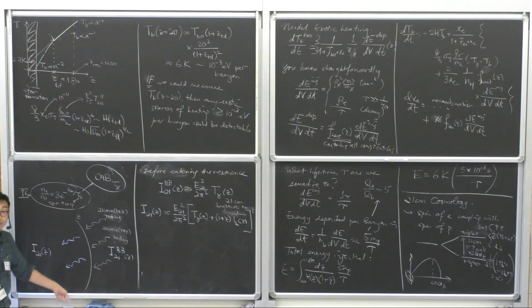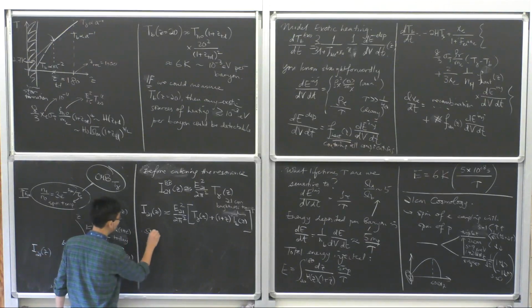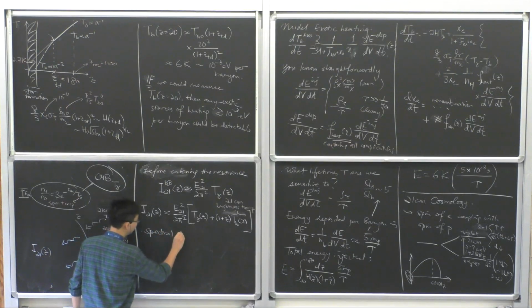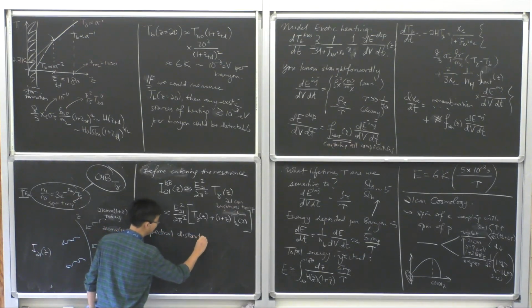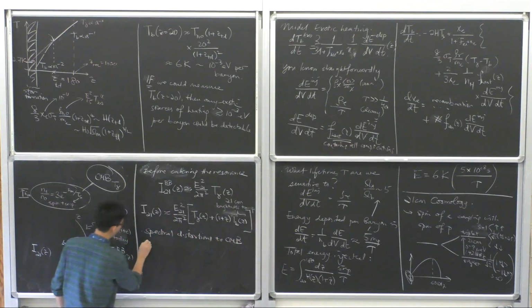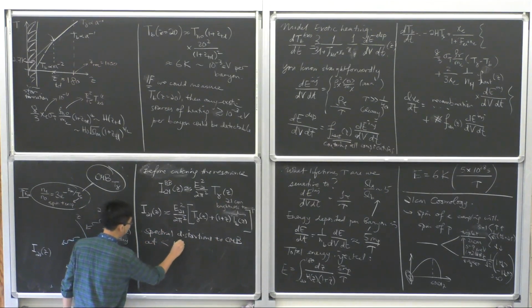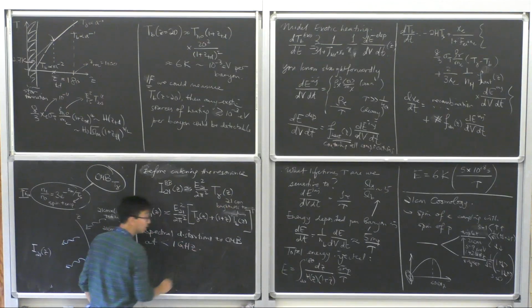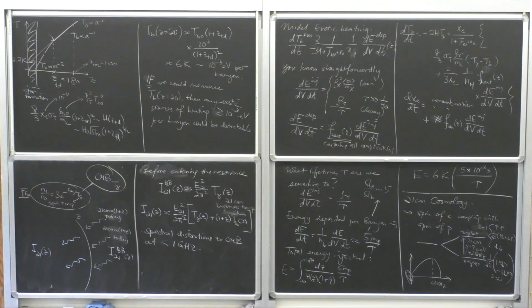But this thing is actually making some net change to the CMB, and really what you're looking at is spectral distortions to the CMB at less than 1 gigahertz. Okay, so that's the right way to think about it, I feel, which is that when people say spectral distortions of CMB, they're always thinking about the distortions near the peak.